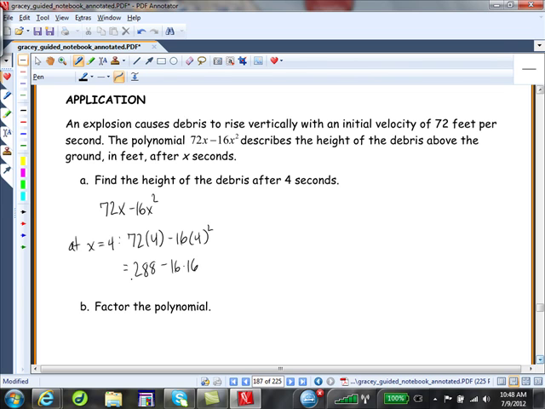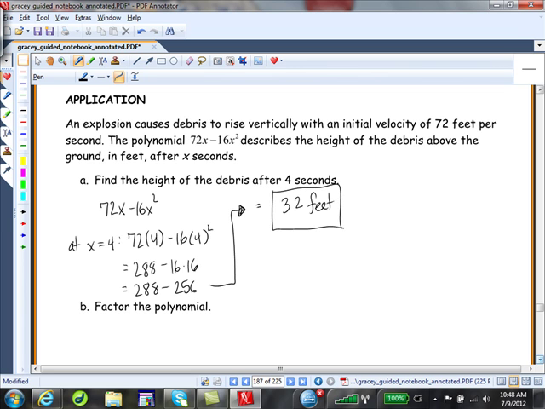You guys will have to check my math on this. Yep, 256. So we get 288 minus 256, which is 32, and then it was in feet. So after 4 seconds, the height of the debris is 32 feet.